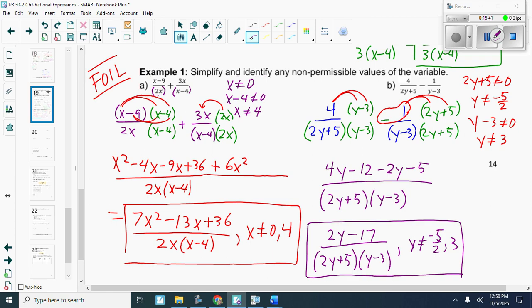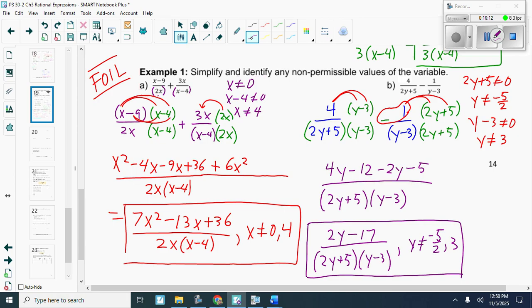No, you don't have to. Yep, because the only collecting that we do is on the top. We don't have to expand the denominator at all. Yep, great question. So you can keep the denominator in factored form. You would just double check, could I factor the numerator?